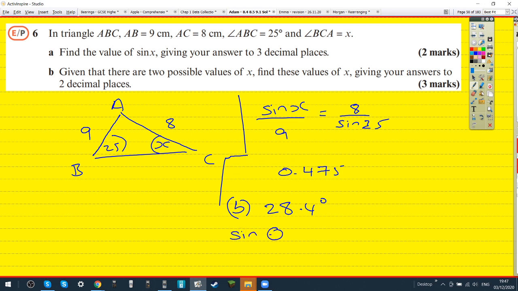Sine theta is equal to sine 180 minus theta. The ambiguous case. And so theta could also be 180 minus your previous answer.